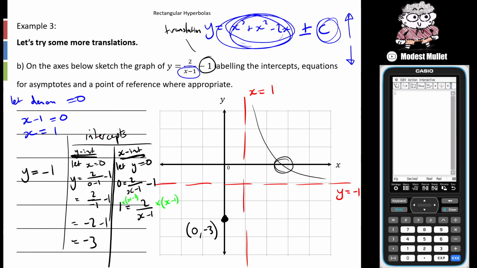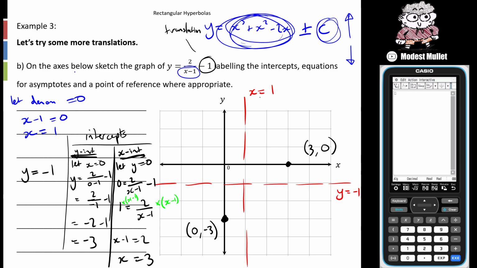So we end up with x minus 1 is equal to 2, and we get x is equal to 3. So there's our other intercept, 3, 0. You'll notice these are negative 3 and 3. That's not always the case. It's just a fluke with this function.